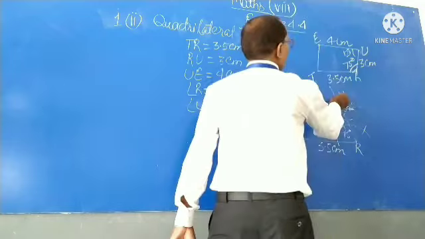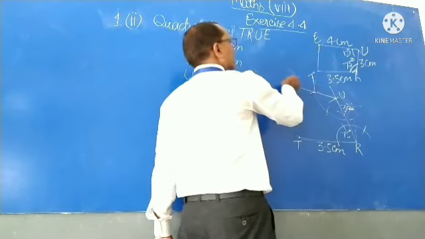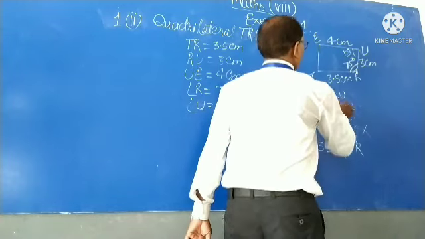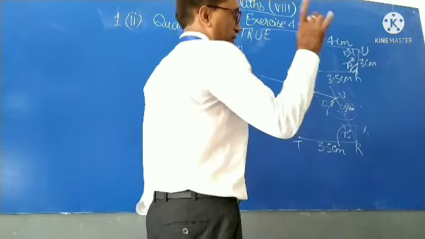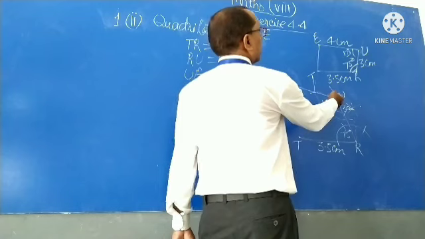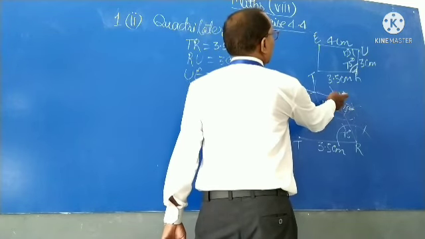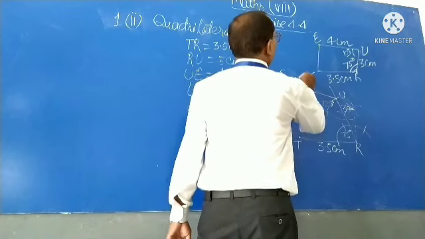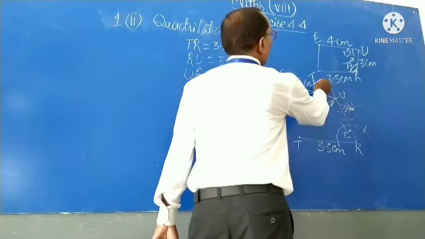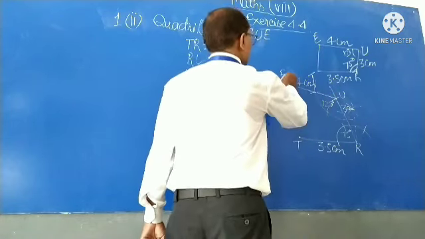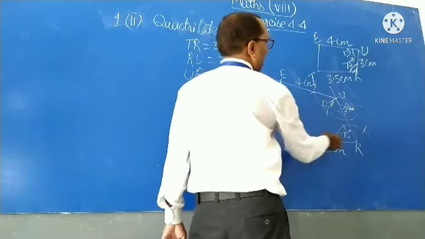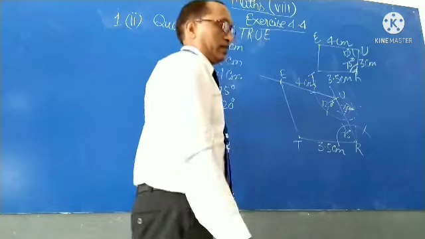This is 120 degree at point U. Then you take 4 cm distance in your compass and cut an arc from U to E, which is equal to 4 cm. Then you join E to T. You get your required quadrilateral TRUE constructed.